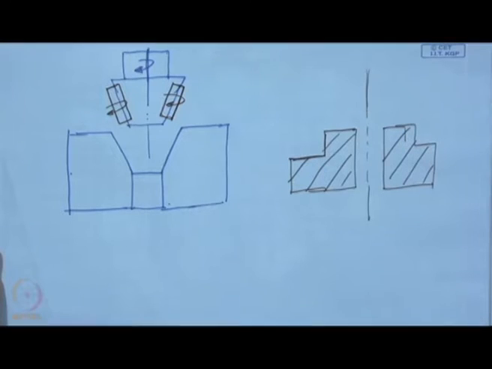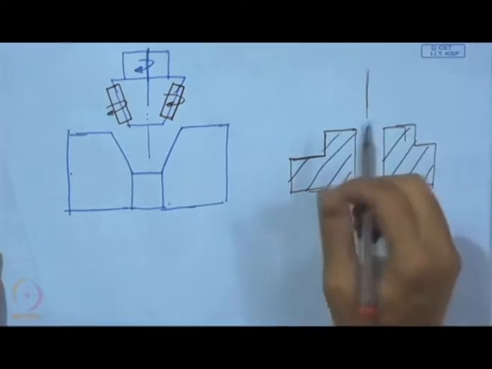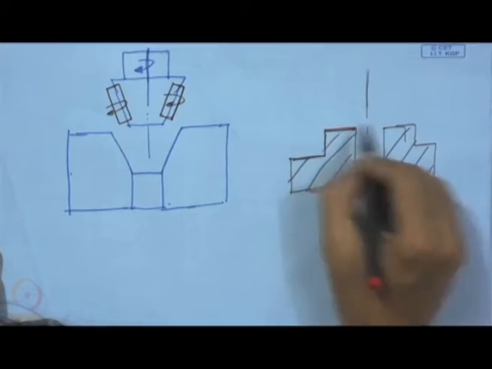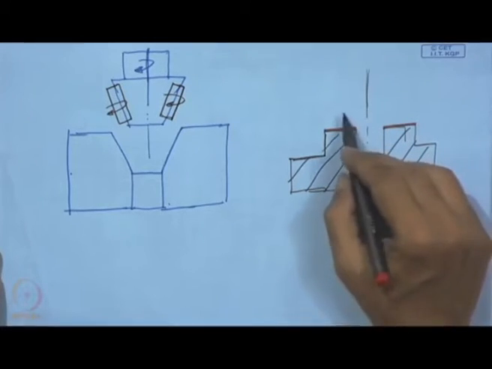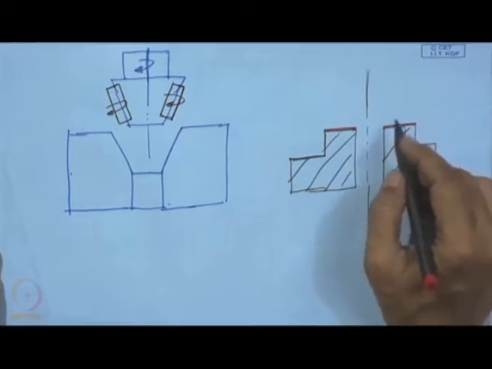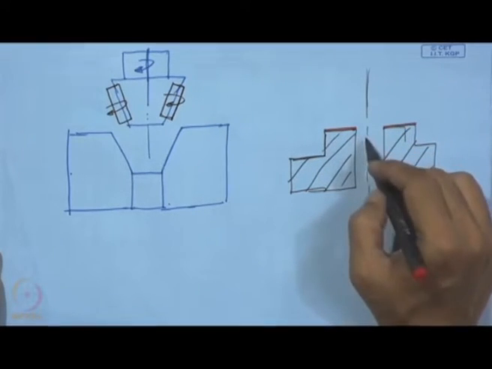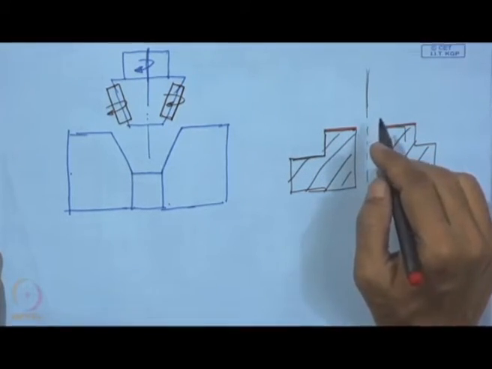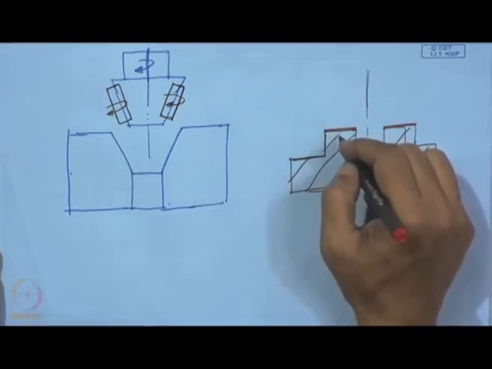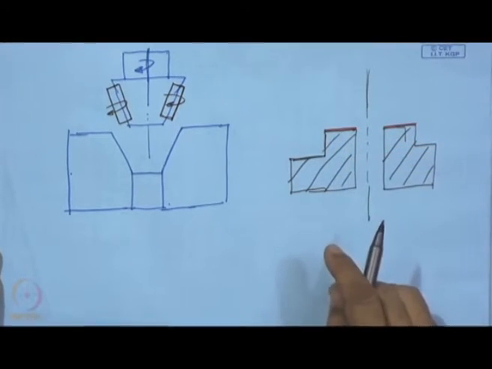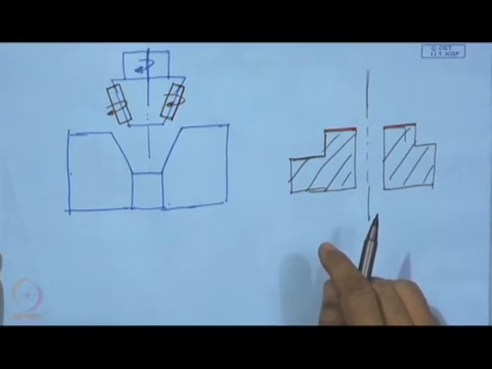Here the surface of interest is these surfaces. These are the surfaces where the valve will simply rest and block the path, and this surface will be subjected to some change in the stress situation.